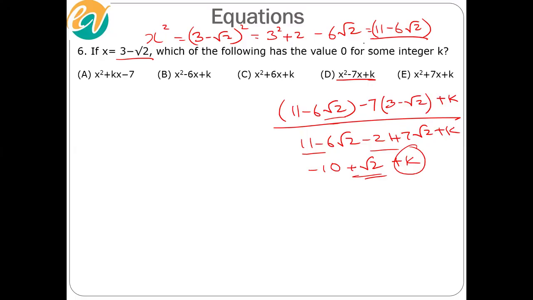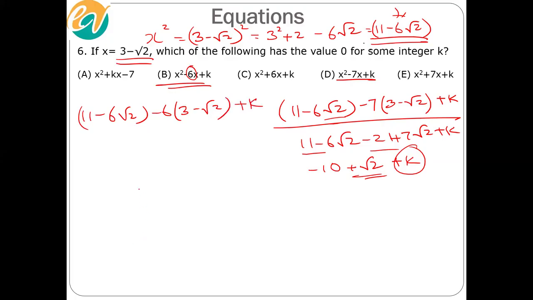Right? So now with that logic, think about that logic. X square is 11 minus 6 root 2, minus 6 times 3 minus root 2, plus k.